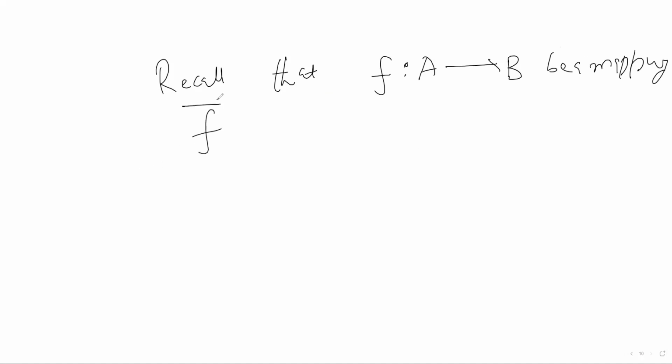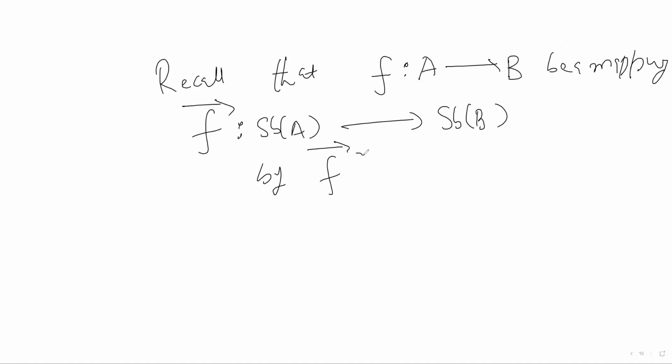Now recall that if I have a mapping F from a set A to a set B, then I can define this F forward arrow from the set of subsets of A to the set of subsets of B by F forward arrow of any X, where X is a subset of A, goes to its image.